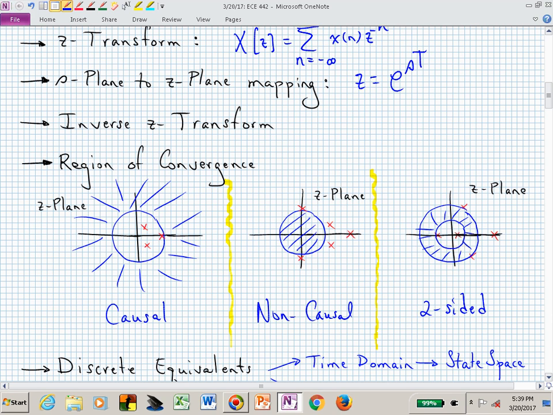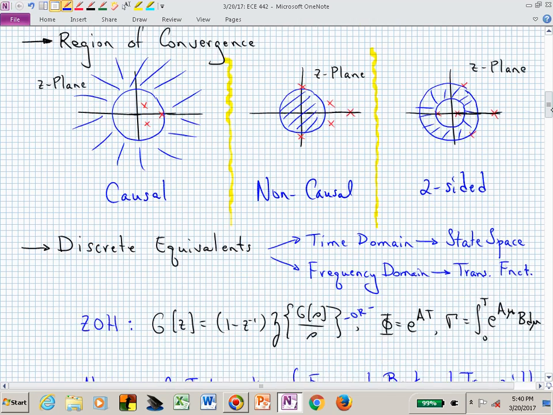And the unit circle needs to be contained within the region of convergence for that to be a bounded sequence. Some people were interpreting that to mean, oh, as long as the region of convergence sort of encloses the unit circle, that was within. But we want there to be overlap between the unit circle and the region of convergence.